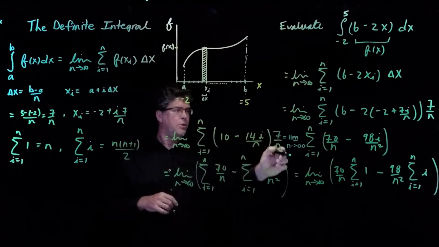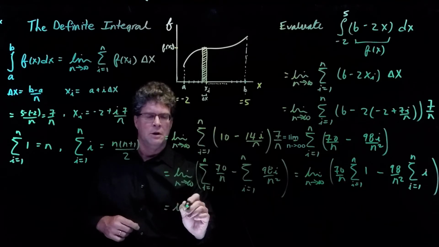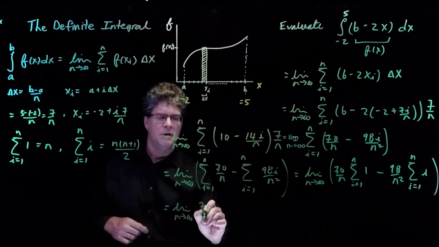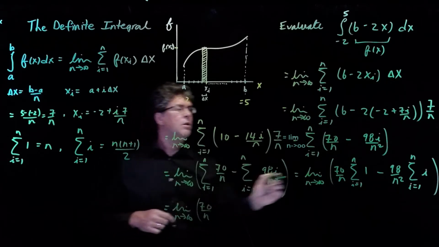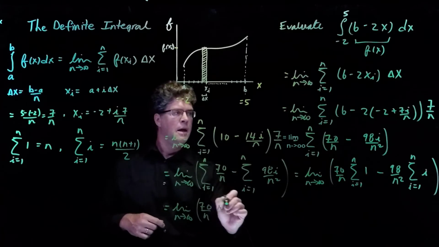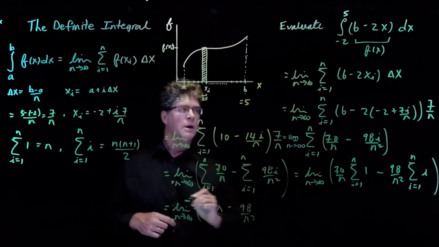Let's put those in here and here. This is equal to the limit as n goes to infinity of 70 over n, and instead of summing 1 n times, I'll just put in n, and then minus 98 over n squared.